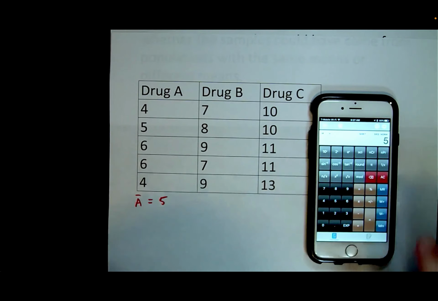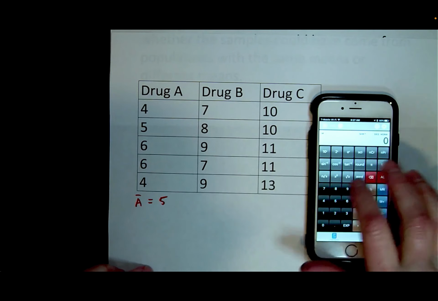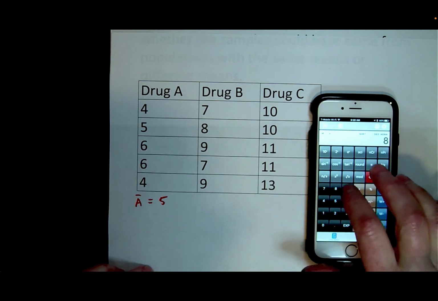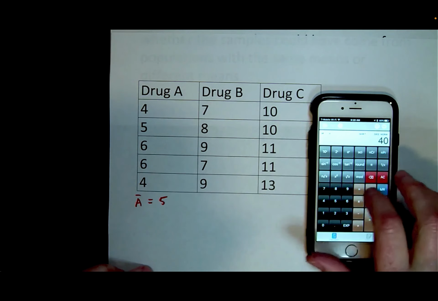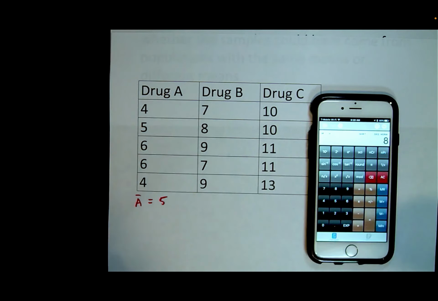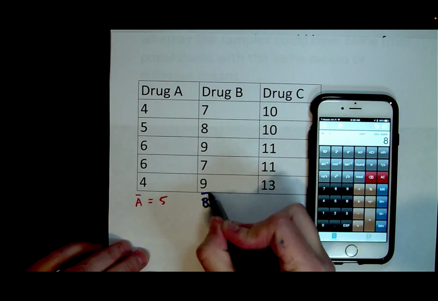Then for drug B, 7 plus 8 plus 9 plus 7 plus 9 is 40, divided by the 5 numbers is 8. I'm going to call the mean for drug B, B bar.